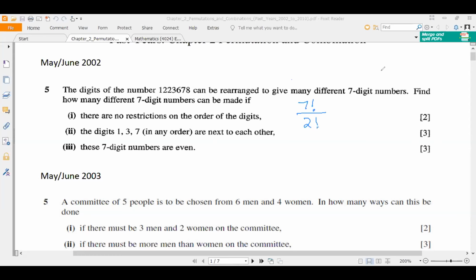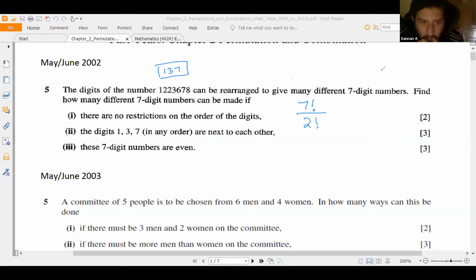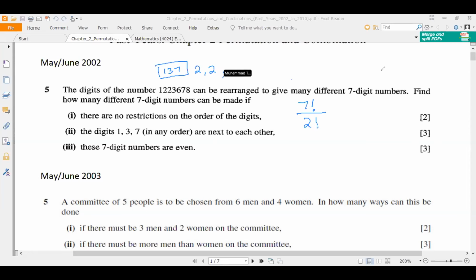If you remember, we have to make 1, 3, 7 one group. So you will make 1, 3, 7 into one group. The other numbers are 2, 2, 6 and 8.